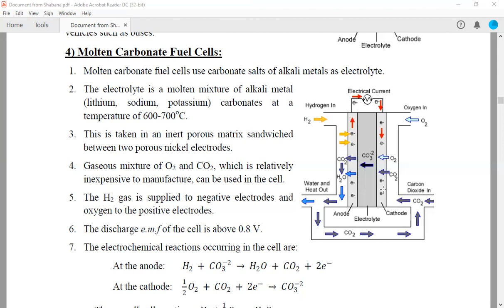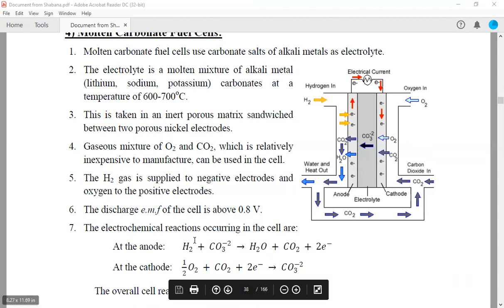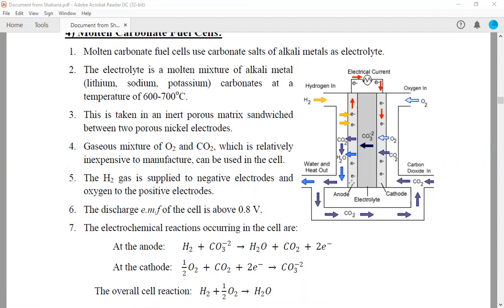Coming to the working of the molten carbonate fuel cell, the reactions that take place at the anode and cathode are as follows. At the anode, as usual, the oxidation reaction takes place with the liberation of electrons.